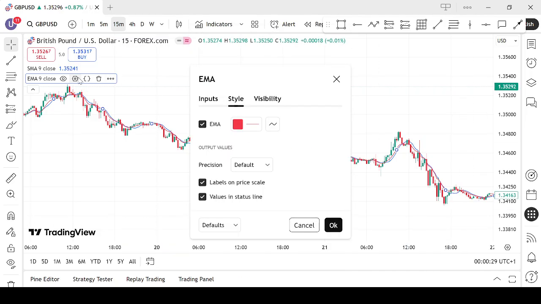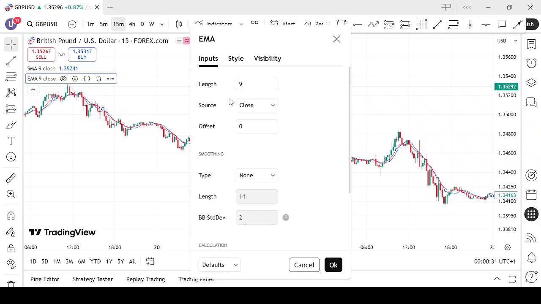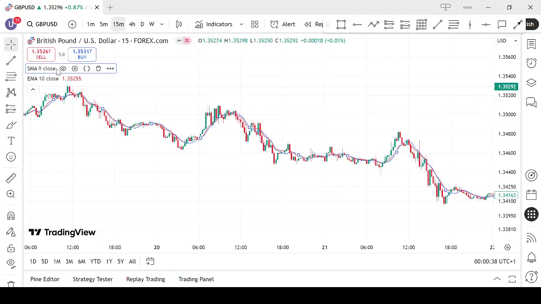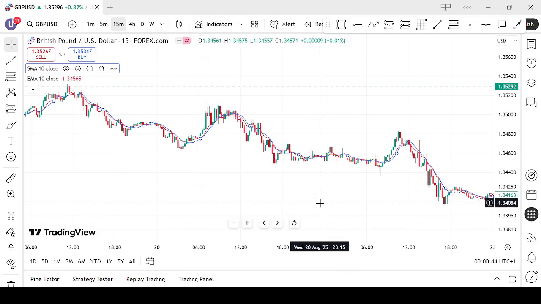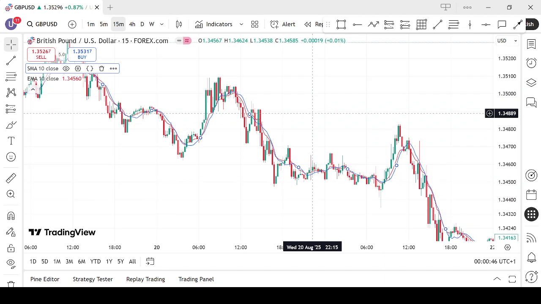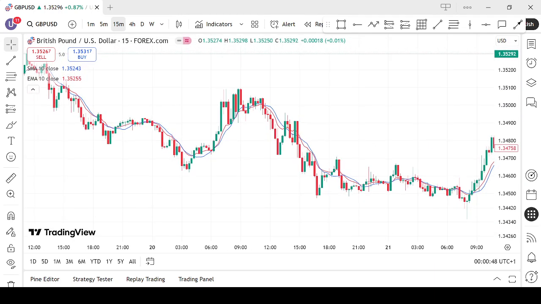And we'll set it to 10 period, 10 period for the EMA and 10 period for the simple moving average. Okay, this is basically what it is.